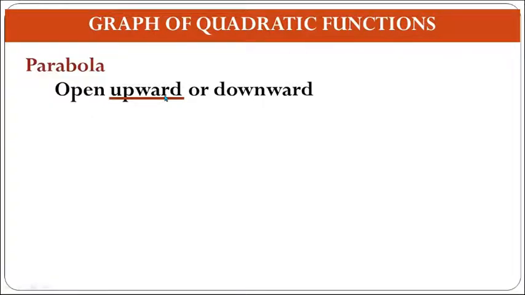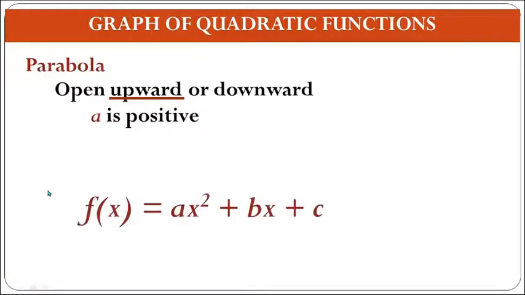Open upward siya kung yung ating a is positive. Dito yung ating standard form. Pag itong a, sa may quadratic term, ay positive, meaning the parabola opens upward. And open downward naman siya kapag negative yung ating a.